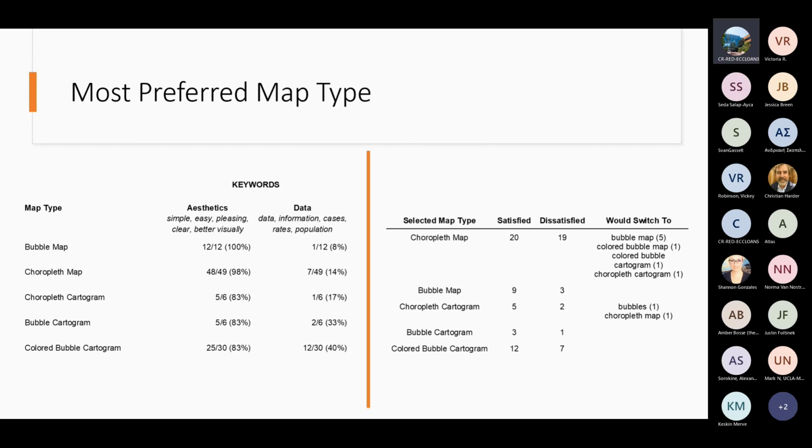And among 81 subjects who expressed satisfaction or dissatisfaction with their selection, the highest dissatisfaction rate was for the corpus map. And also the qualitative feedback suggests a preference for bubble size over color as a visual variable.